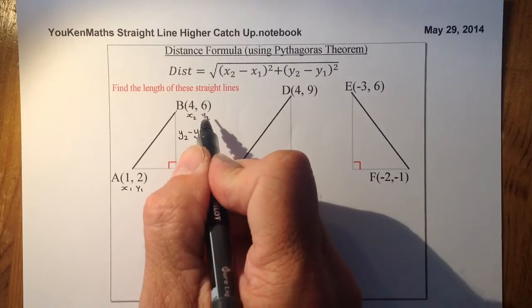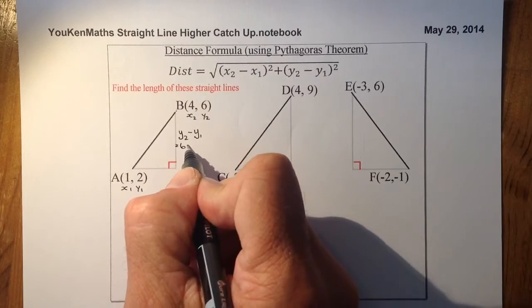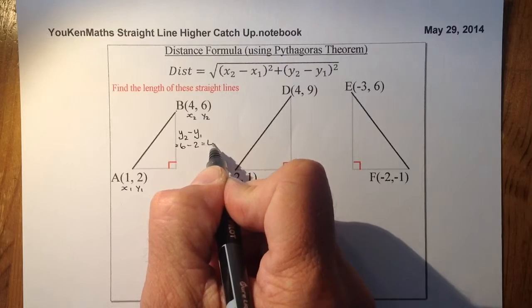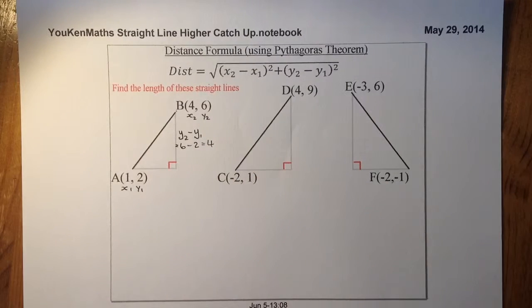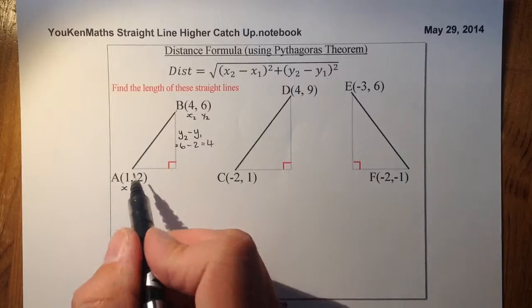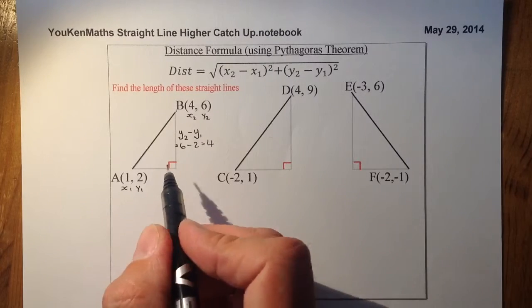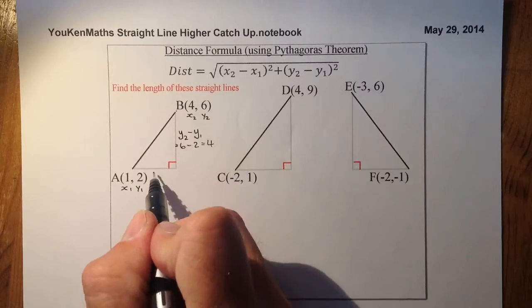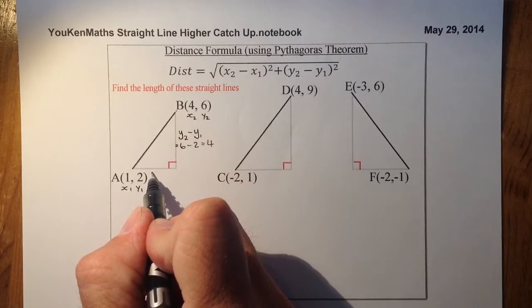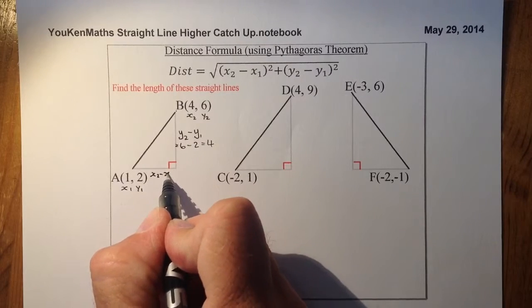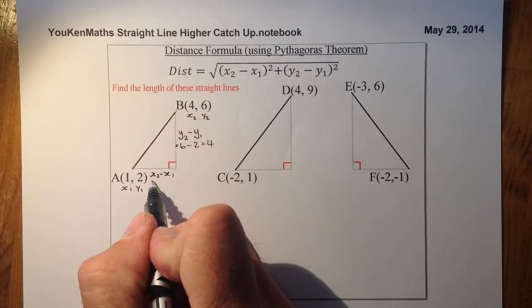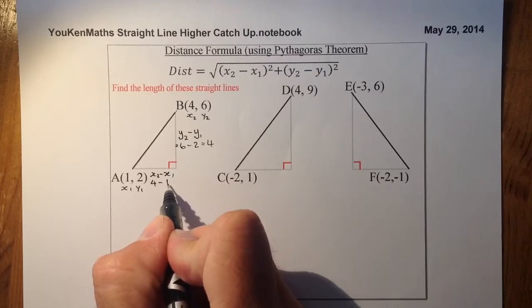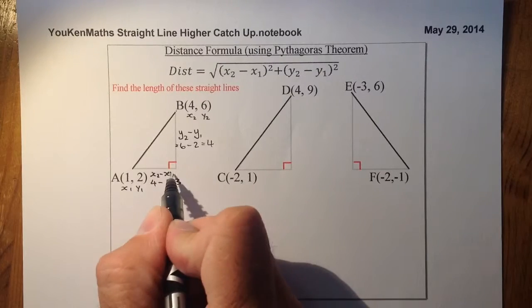So y2 minus y1 would really be 6 minus 2, which would give me a distance of 4 on that side there. On this side here, I'd be looking at the x coordinates, so I just need to look at the x coordinate of B. So this will just be x2 minus x1, and I'll put in the coordinates there and we'll be able to work out the length of this line here.